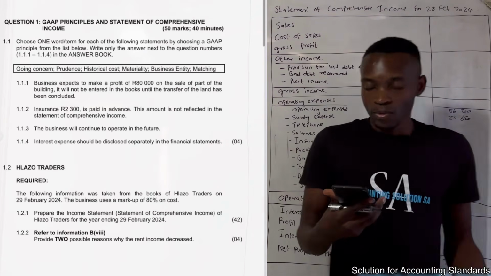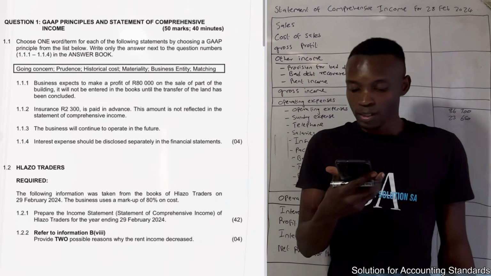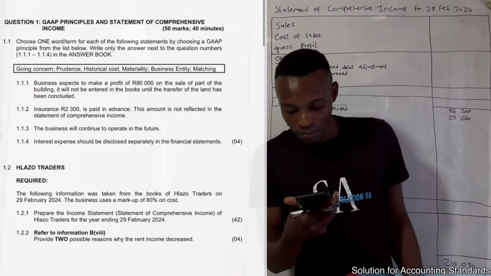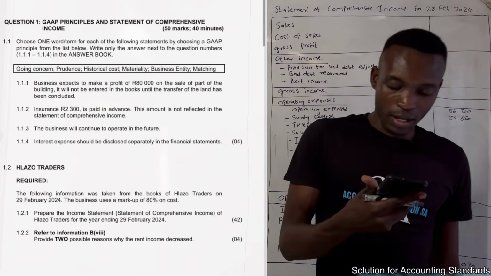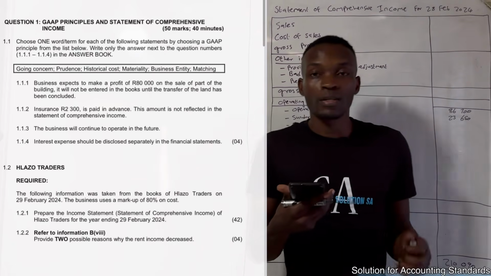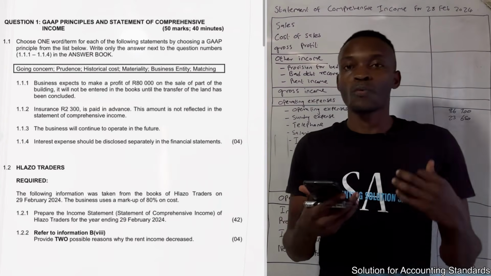So now the question that we are going to do: prepare the income statement, which is the statement of comprehensive income of Clazo Traders for the year ending 29 February 2024. It contains 42 marks.